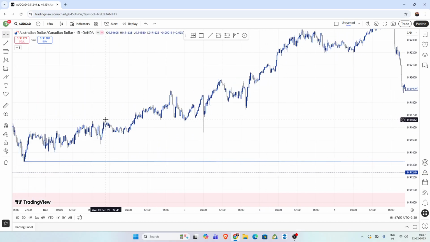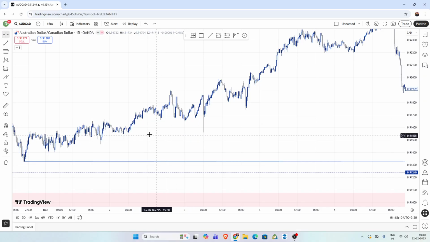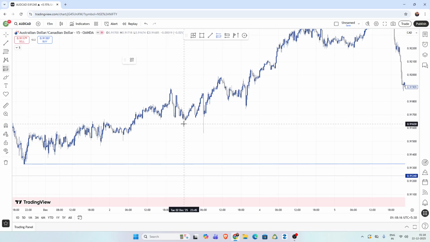Like a break of structure here, and then inducement in here. On a green candle, I go upwards, and then I would have put my stop loss somewhere below this, because this was the last low point. How much would I have got?